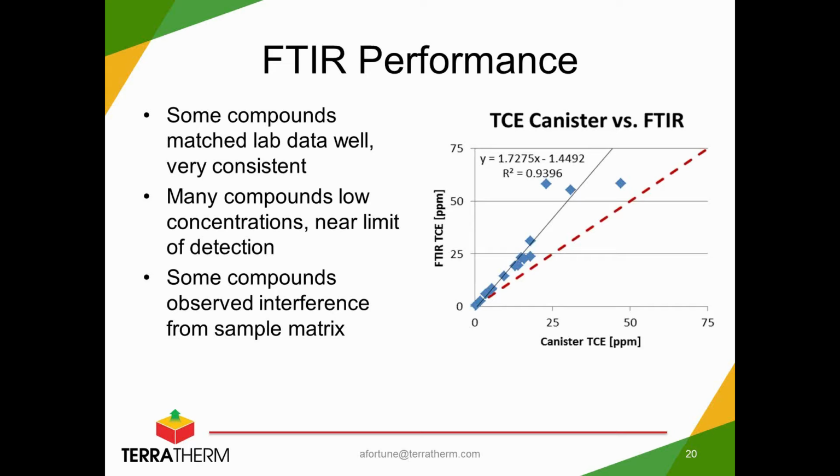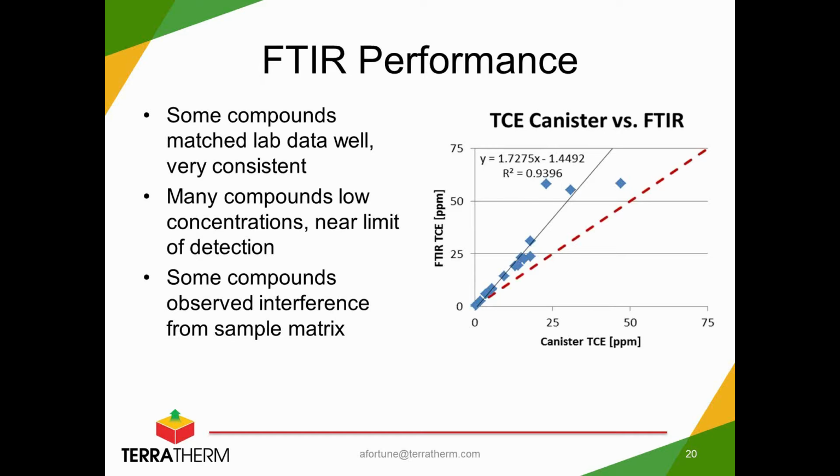Many of the compounds that we were monitoring at the site had fairly low concentrations near the limit of detection. Some of them were detected at very low levels in the canister, but were below the limit of detection on the FTIR. And there were a few compounds where we did observe some interferences from the sample matrix. And we were able to identify that because we did routine monitoring with the canisters.